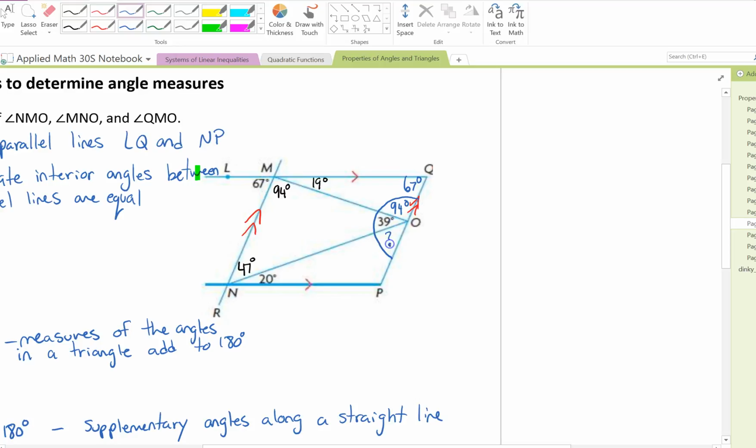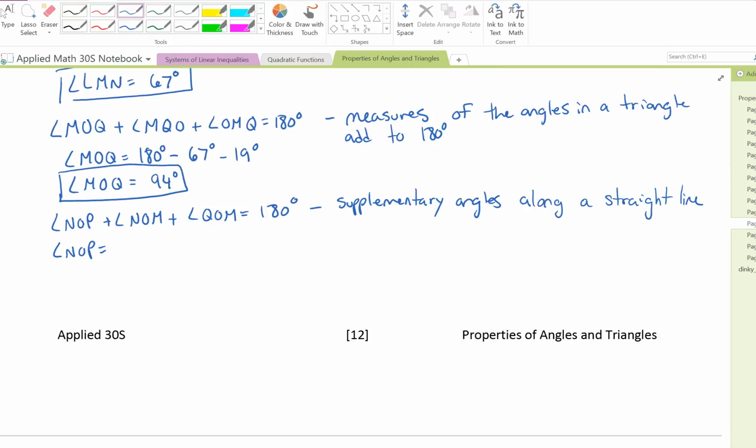So now the angle that we're solving for, we can figure out by subtracting 180 minus 39 minus 94. So here's the math: 180 degrees minus 39 degrees minus 94 degrees gives us angle NOP to be 47 degrees. Let's go and put that in our diagram.